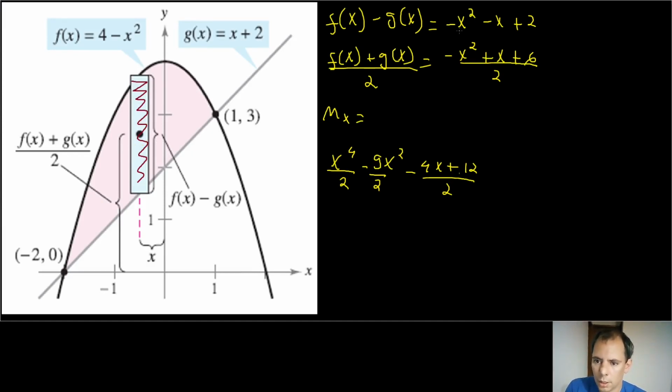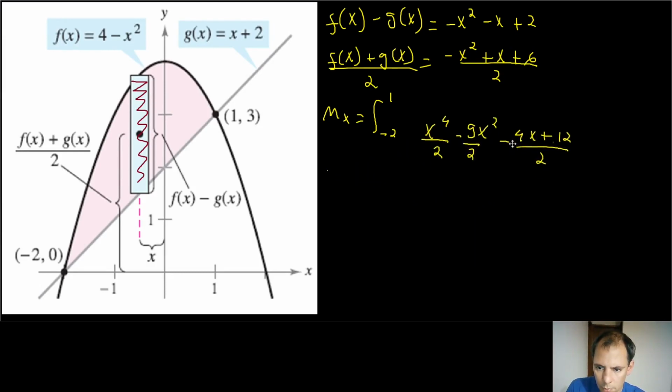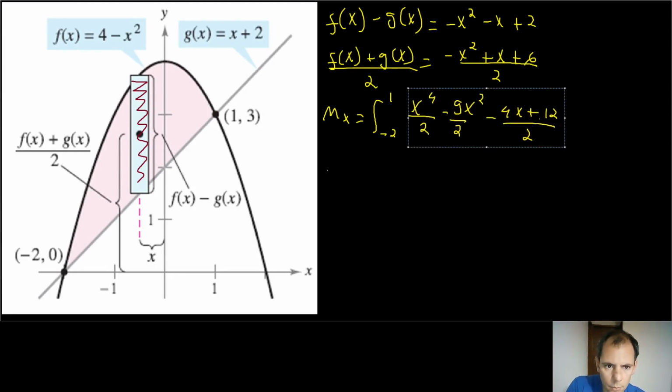Okay, so we have to integrate this. It'll be the integral from -2 to 1 of this thing dx. I'm going to get the half out, and let's do this now.